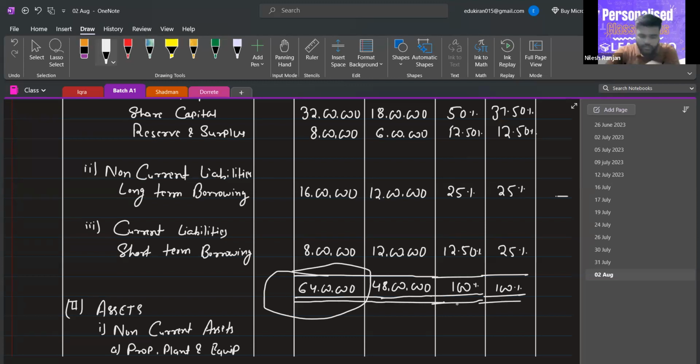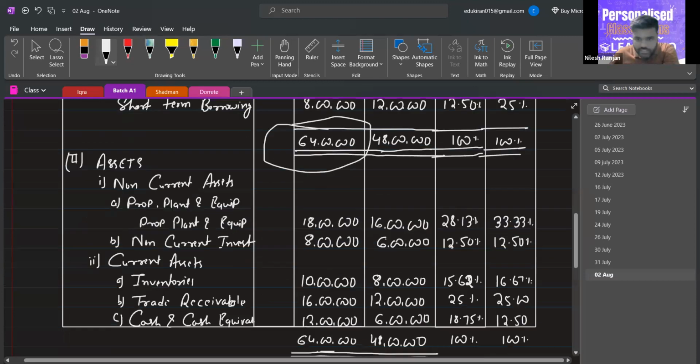We generally write this as 100% because we are taking this as the base item. We don't have to add all the items, but it will show you that your answer is correct. When you total all the items on the liability side or asset side, you will get 100%. So it means there is no mistake.